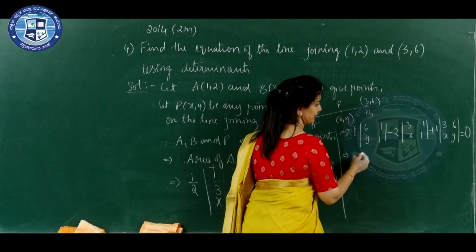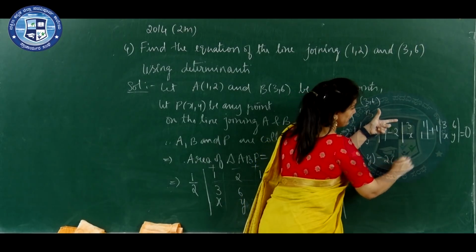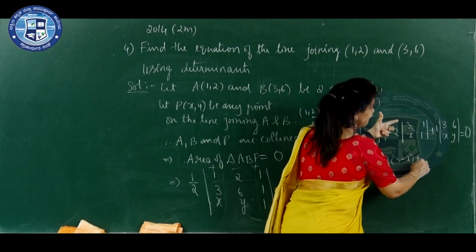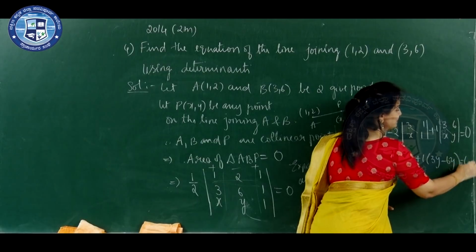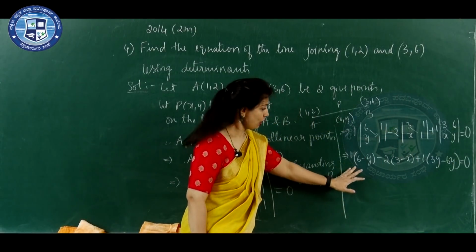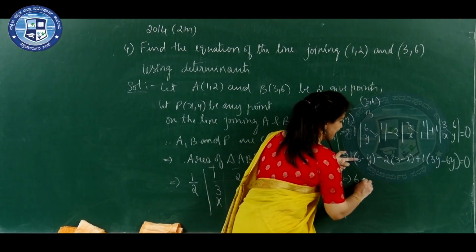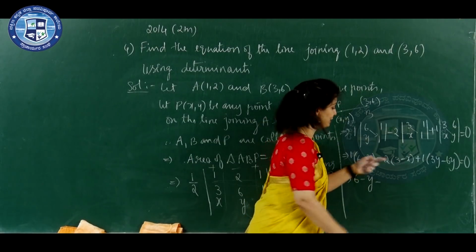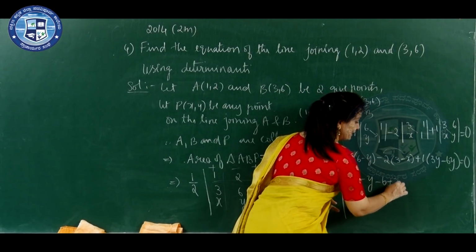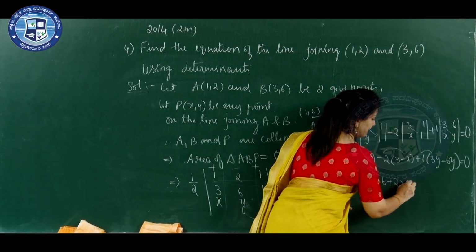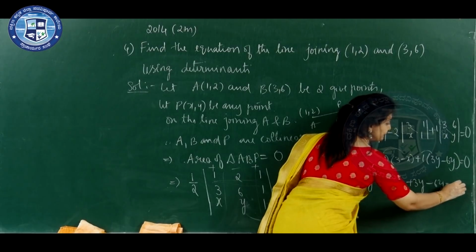Which implies 1 into cross multiply, 6 minus y, minus 2 into cross multiply, 3 minus x, plus 1 into cross multiply, 3y minus 6x, is equal to 0. Now, we just have to solve this and get the equation of the line joining the 2 points. So, it is 6 minus y, minus 2 into 3 is minus 6, minus 2 into minus x is plus 2x, 1 into 3y is plus 3y, 1 into minus 6x is minus 6x, is equal to 0.